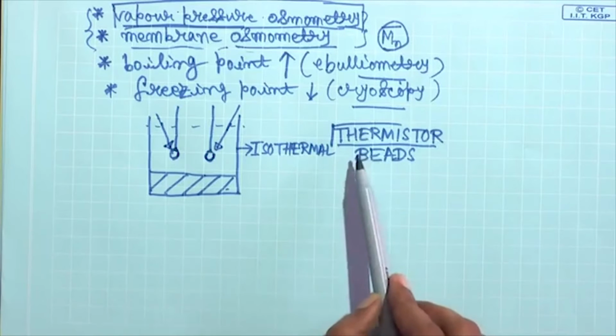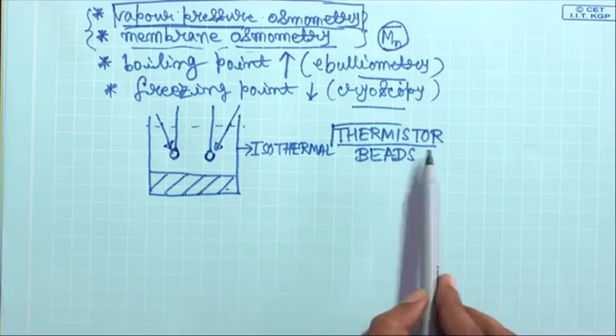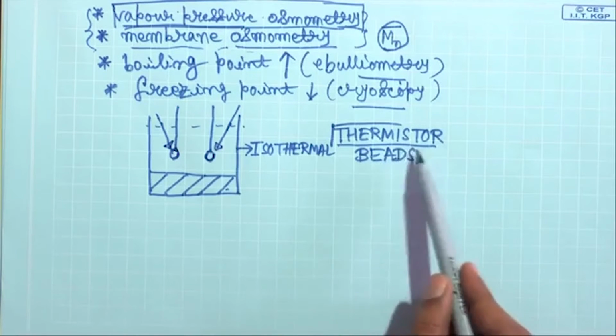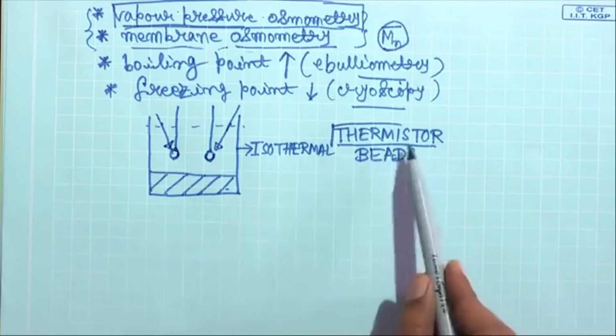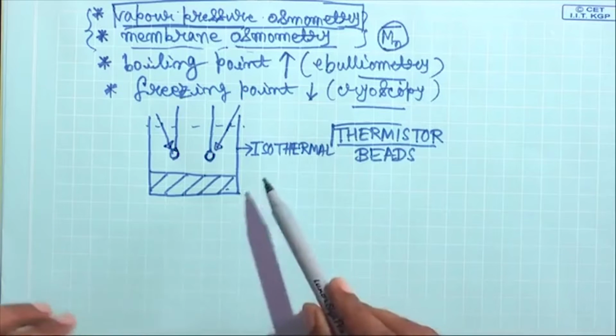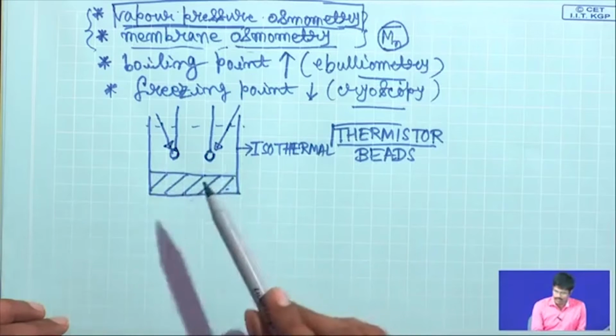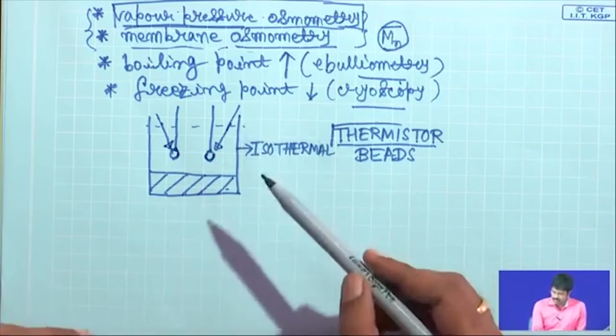So, if you have a very small change in temperature, you will have a measurable change in the resistance. We are trying to see how the resistance changes, and from there we correlate to the change in temperature, which can be correlated to the average molecular weight of your polymer.